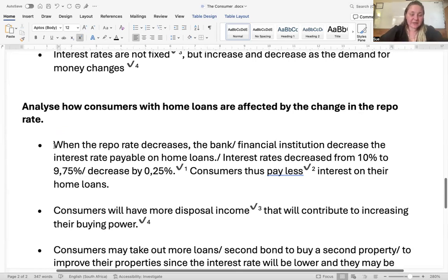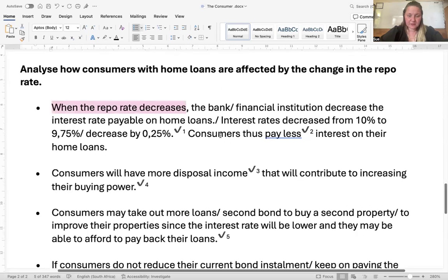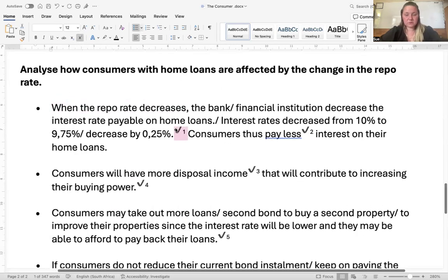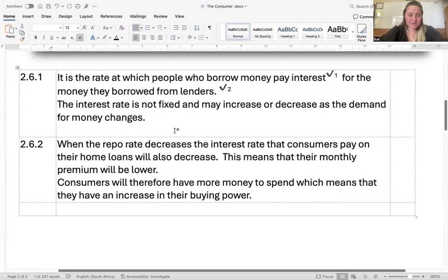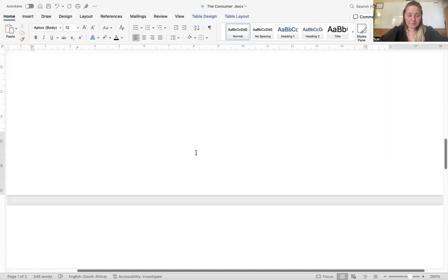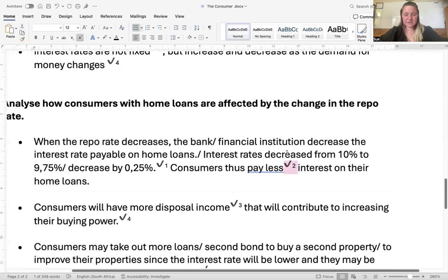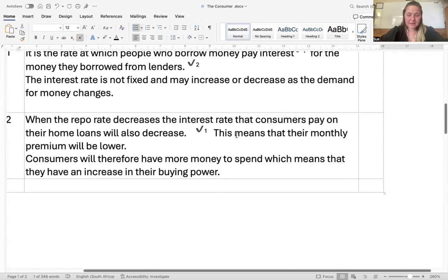But we said in the beginning, if the repo rate decreases, we said, let me just copy that first tick there. It says in our answer, when the repo rate decreases, the interest rate that consumers pay on their home loans will also decrease. There's our first mark. Then consumers thus pay less interest on their home loan. So our second mark is going to be when we pay less. This means that our monthly premium will be lower.